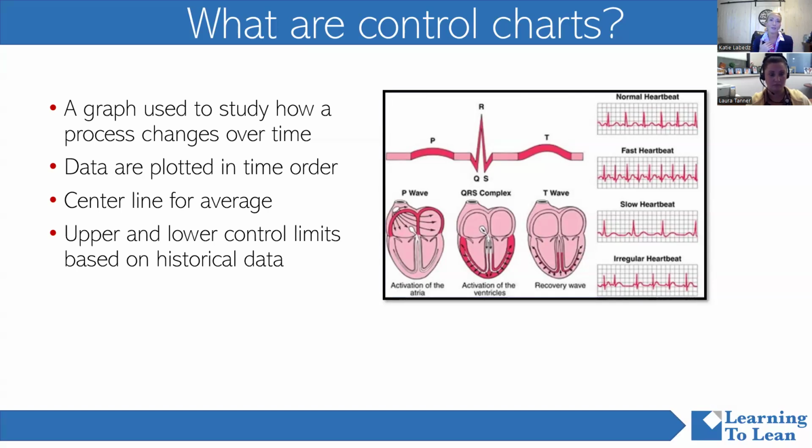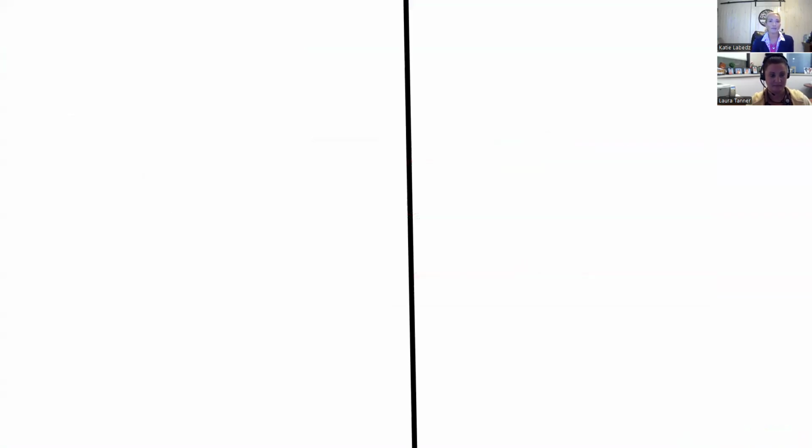The doctor is looking for whether you have a fast heartbeat, or slow, or irregular. My husband has AFib, so we were able to see that. Of course, I'm the nerd that asked the doctor, can I please see the data so I can look at it and understand it and relate to that in class? So it really is just like an EKG of your data for work.